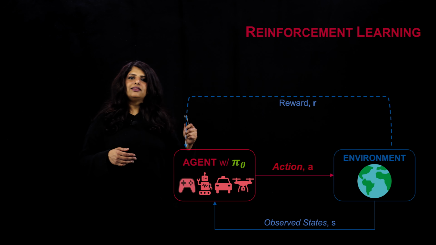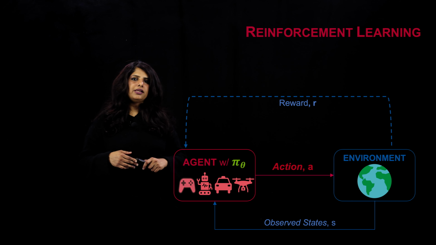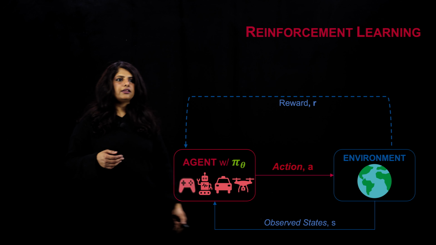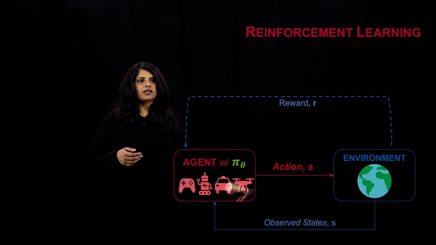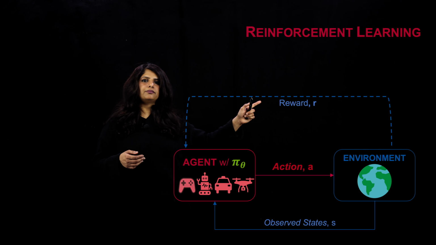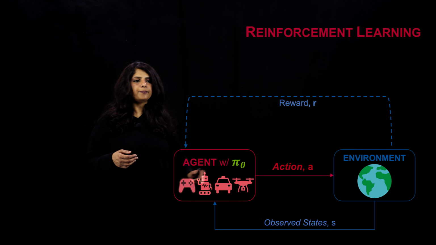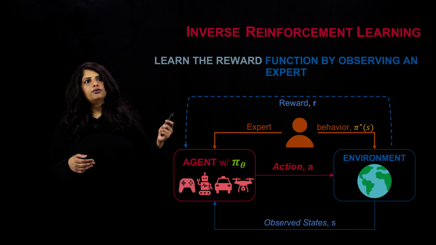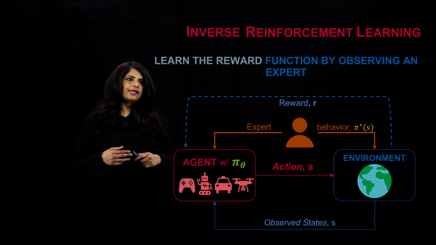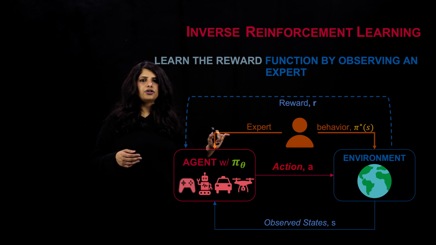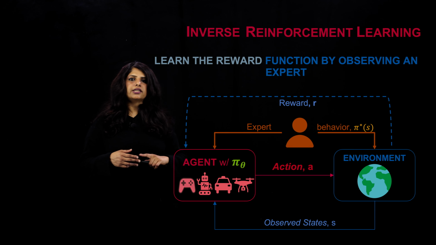Grounding back in this image that we're already a little more familiar with at this point, when we're thinking about reinforcement learning, this is the image that we were looking at where this reward function is playing a crucial role in the training process for our policy. What we want to do for inverse reinforcement learning instead is to make use of these expert demonstrations to guide the learning process.